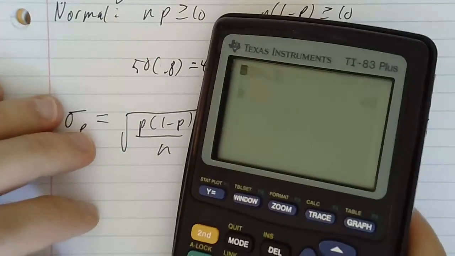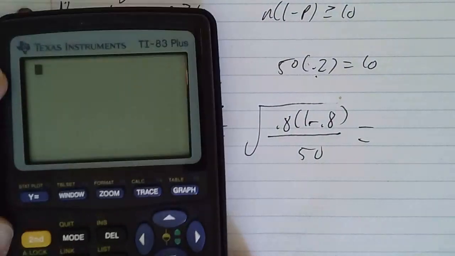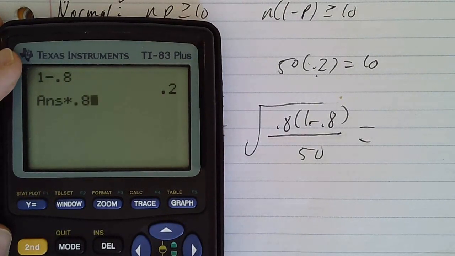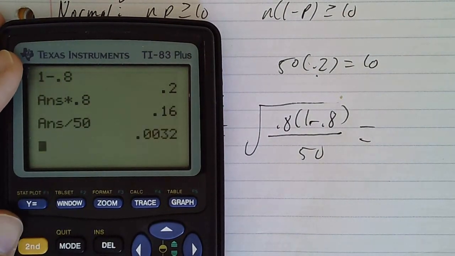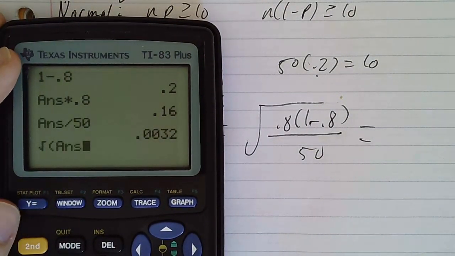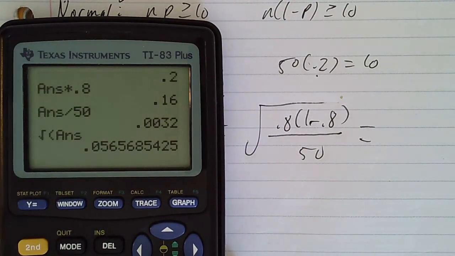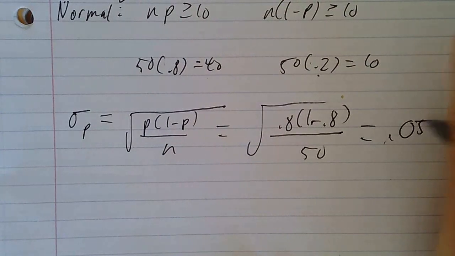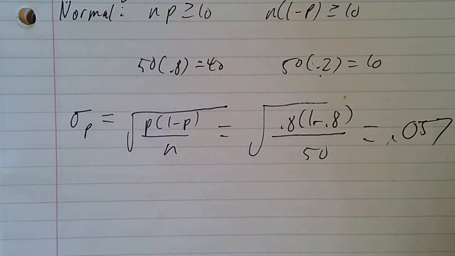If you're feeling lost, that's 1 minus 0.8 times 0.8 divided by 50, square rooted. We get 0.057. So you need your standard deviation.